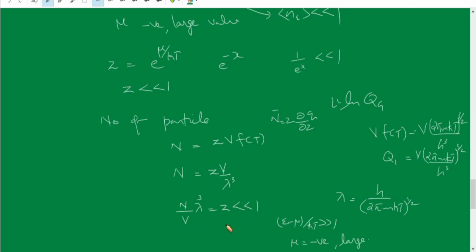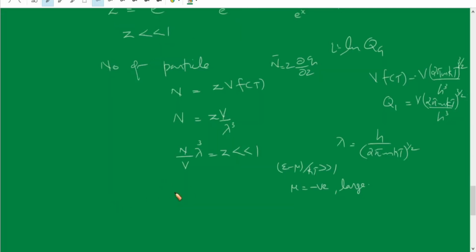N divided by V can be written as small n, the number density of particles. N is the total, average number of particles, and V is the total volume. So n is the number density of the system. Number density n times lambda cube is very much less than 1.